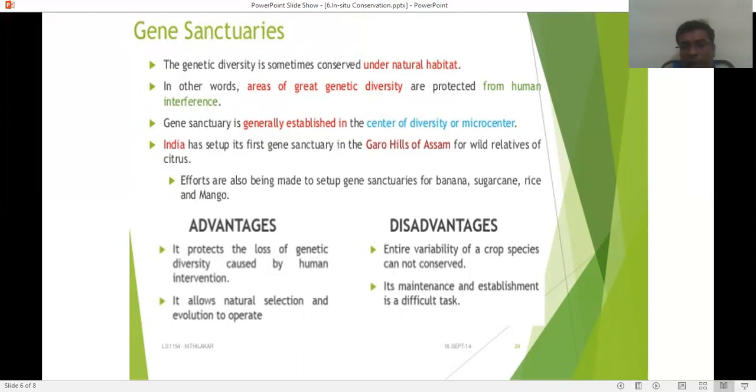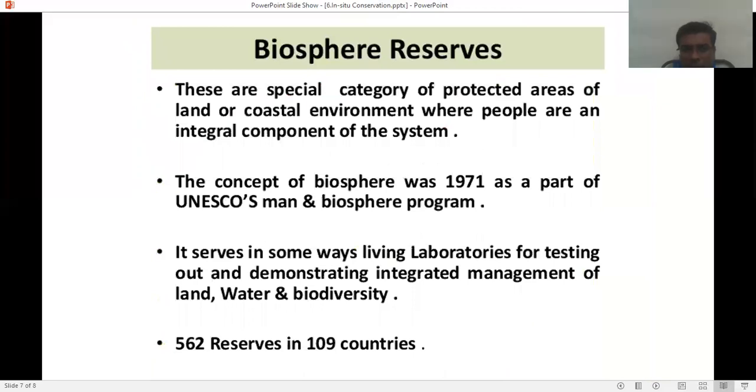Its maintenance and establishment is a difficult task. We are protecting these crops, but the area is nearly 300 acres, 500 acres like that. So in this area, it is very difficult to maintain the total diversity. That is a disadvantage of gene sanctuaries.